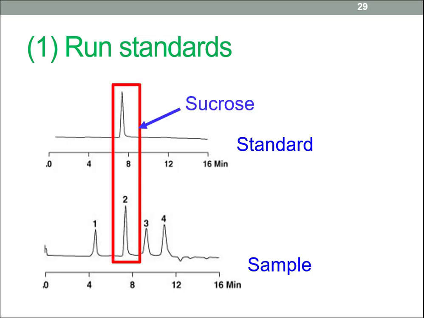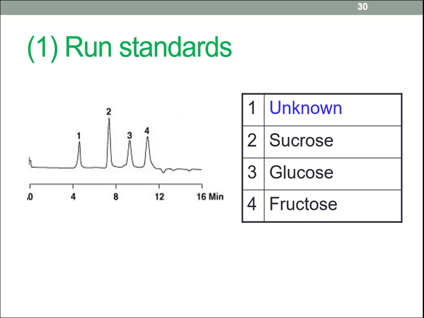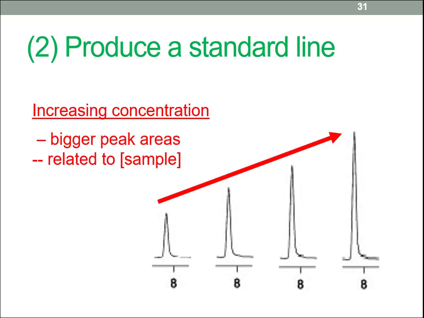Yep, so that's highlighted that. In food, it's unlikely you'll be able to identify all of the peaks, and we don't worry about that. In this case, in vitamin C from orange juice, you'll see a lot of peaks, of which only one is of any interest. So produce a standard line. Bigger peak areas are related to sample concentration. If you remember, if you see anything in square brackets, it means concentration of.